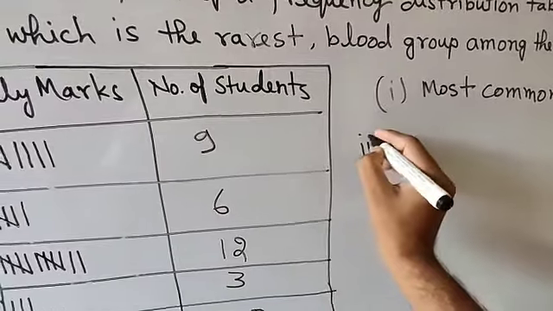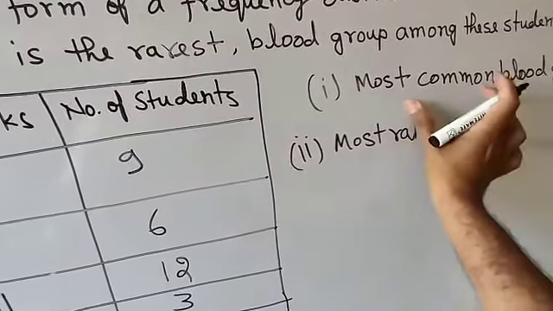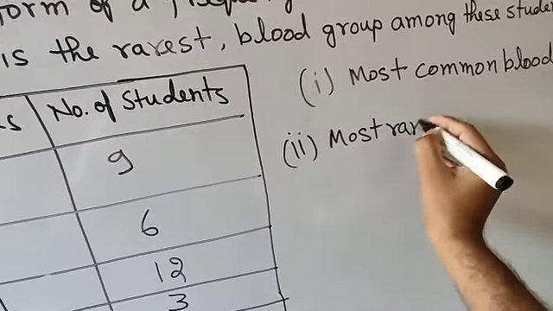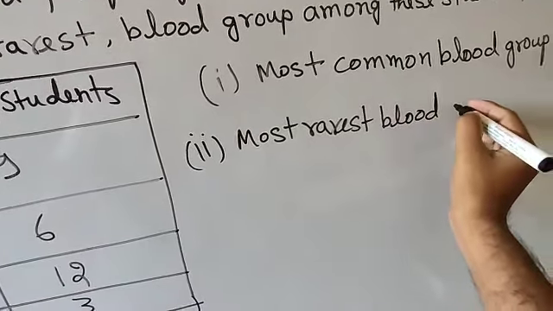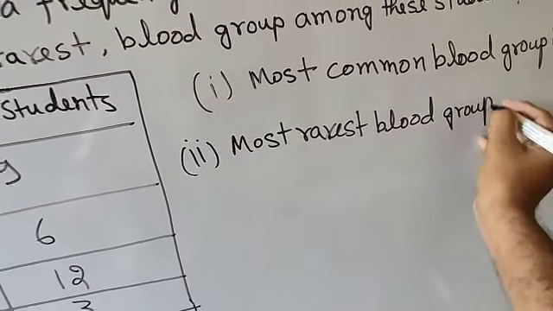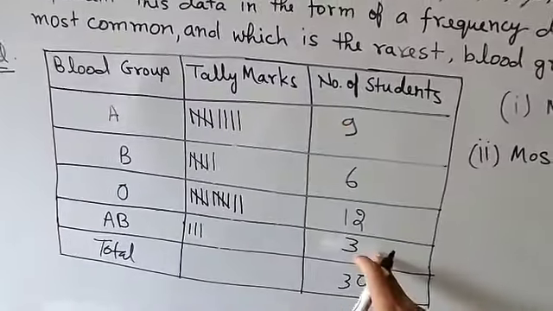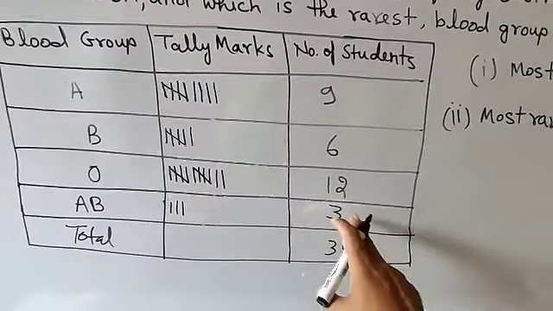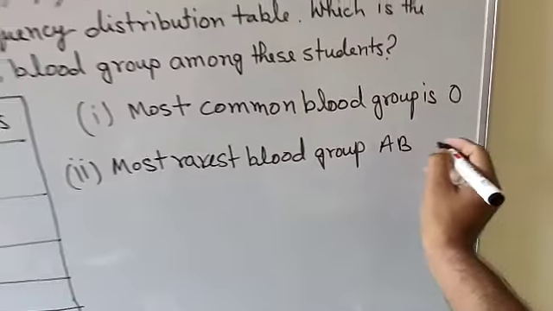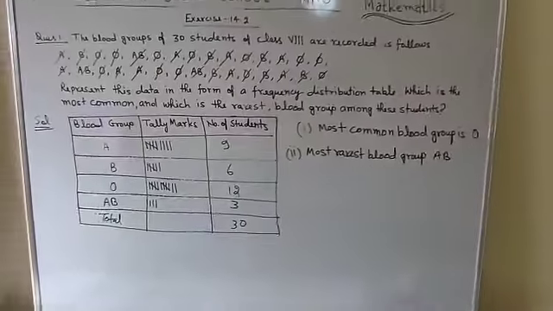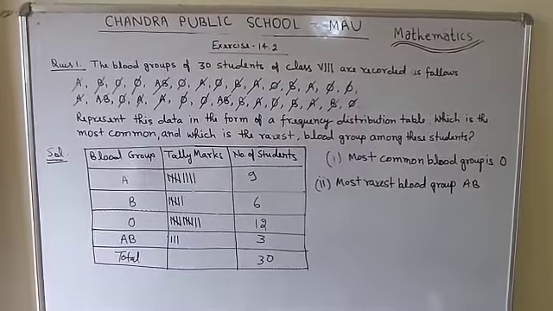And second, the rarest blood group. Here you will find that it is the AB blood group, which has the minimum number of students, that is 3. So here it is AB. So this is the complete solution of question number 1. So kindly note down the solution of question number 1.